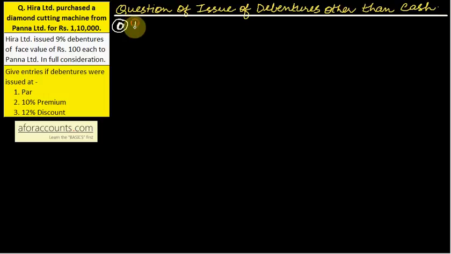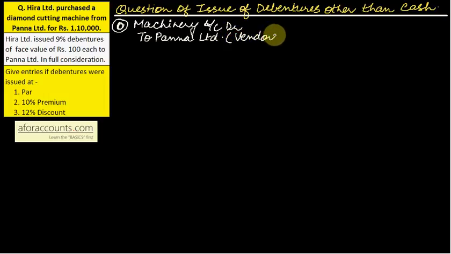So machinery account debit to Panna Limited. That is vendor's account. Being machinery purchased from Panna Limited will be your narration.